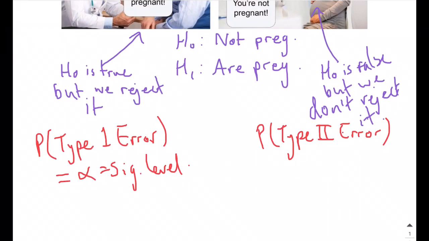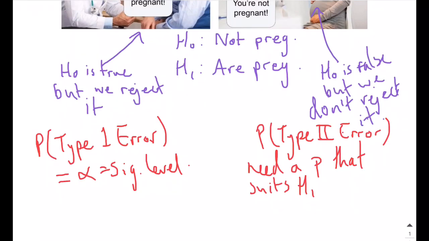So we will need, well, for us it's about p's, a proportion that suits H1. And basically we want the probability then of us not rejecting H naught. And then we want the probability of not being in the critical region.